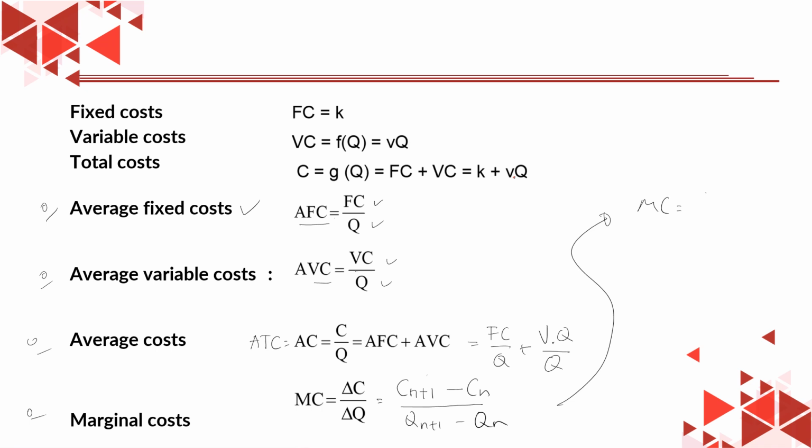So we say that this is the total cost for the sixth product minus the total cost for the fifth product over Q6 minus Q5. Okay, so this marginal cost will be different, with, say, C100 minus C99 over Q100 minus Q99, like this.